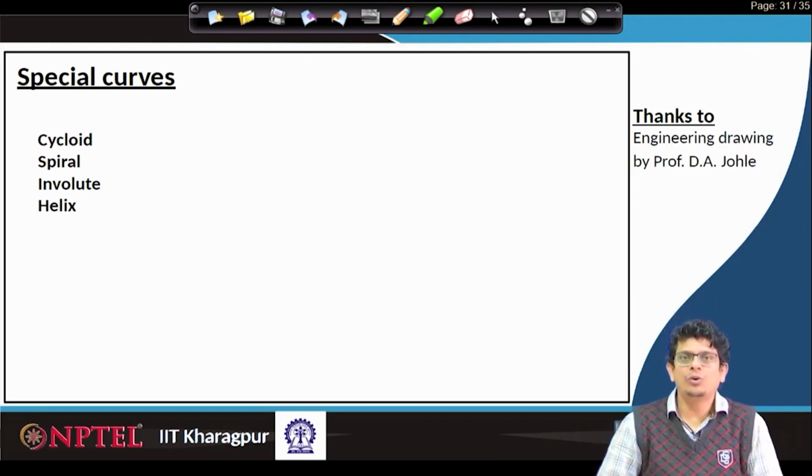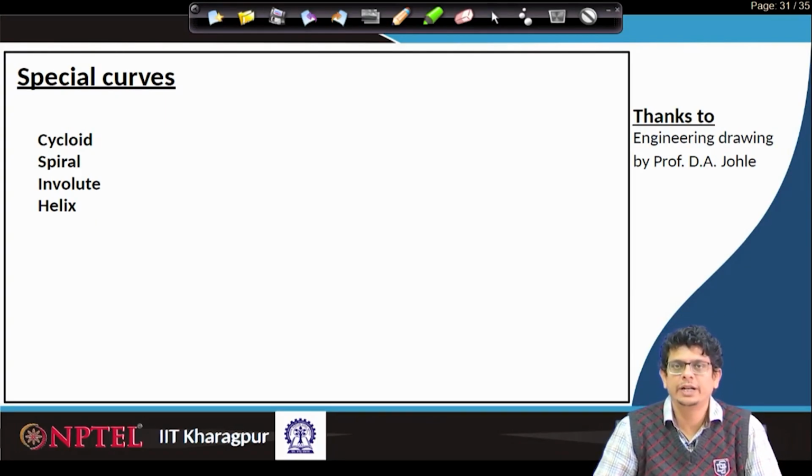So, till now we have looked at very interesting curves like ellipse, parabola and hyperbola. These are the curves generated from a cone and we usually call them conic sections. And now we are going to look at special curves used in mechanical engineering.